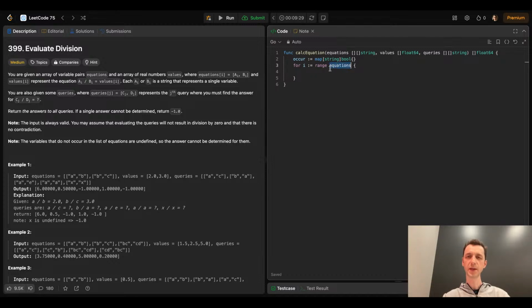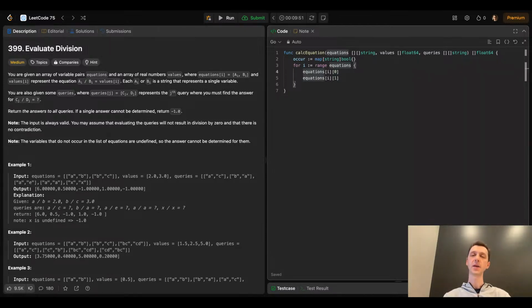So we take an equation, we take its value 0 and its value 1.